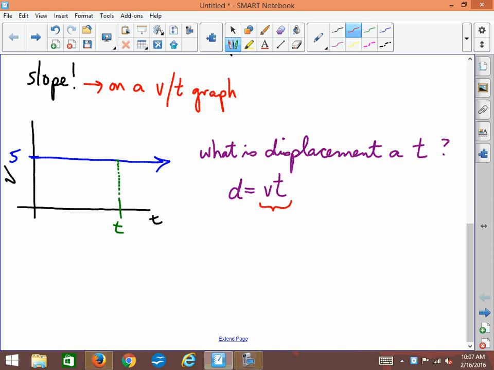If I wanted to discover the area of the rectangle that's made by this blue line and the t-axis, so if I color in the area like this, then normally for area we consider this to be what we would call the length.